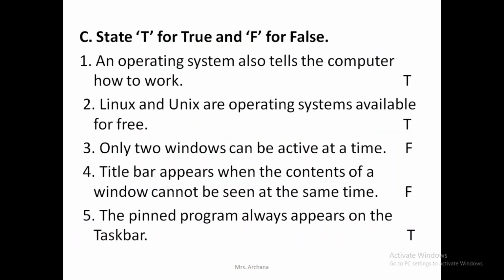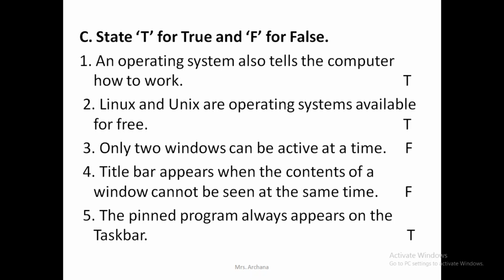Question number 6. State T for true and F for false. First, an operating system also tells the computer how to work. Answer is true. Linux and Unix are operating systems available for free. Answer is true.